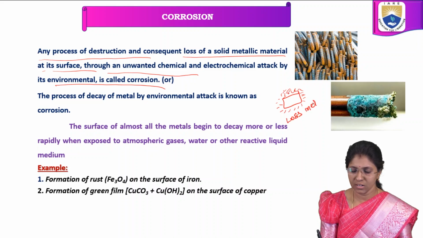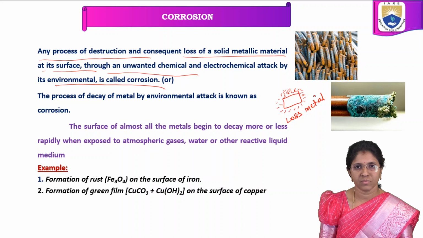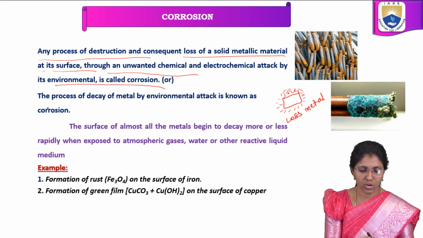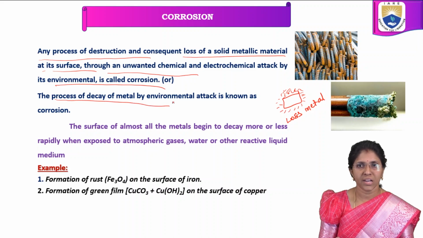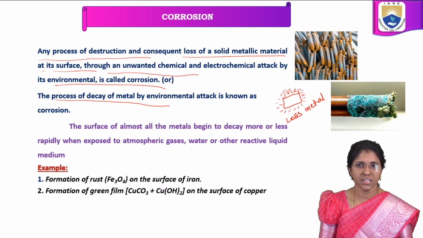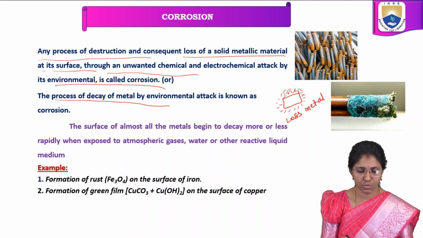Loss of metal takes place. So this is called corrosion. The simple definition of corrosion is the process of decay of metal by environmental attack.